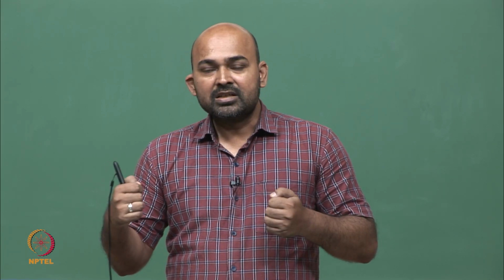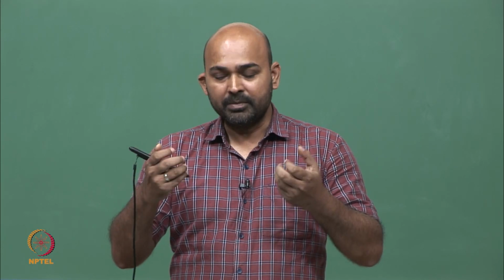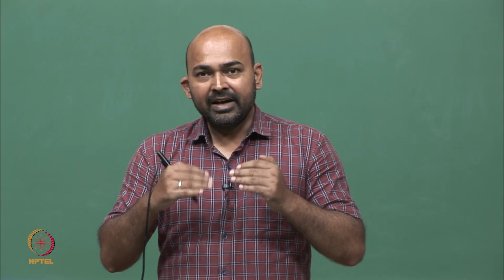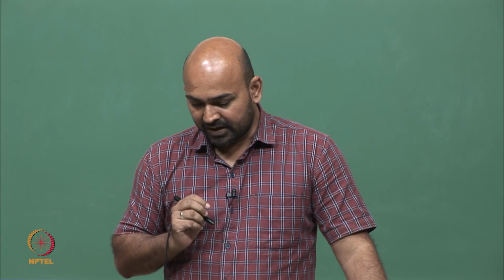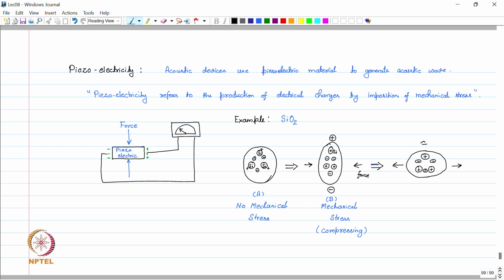When we apply this expanding force, the positive comes down and the negative atoms go up. So there is a net negative charge build up on the top of the material, and positive on the bottom.